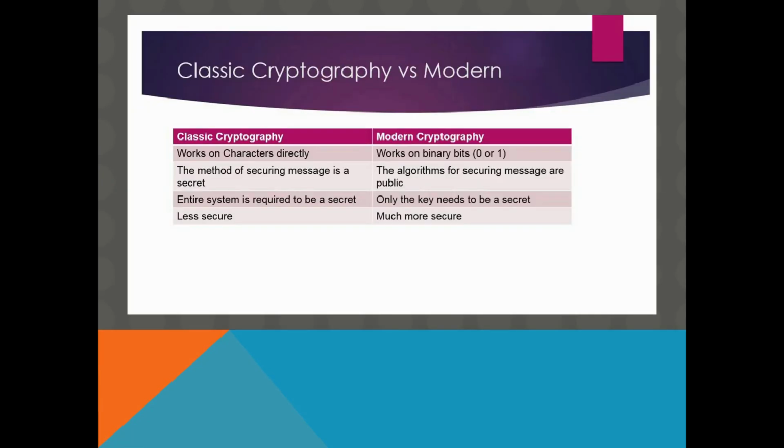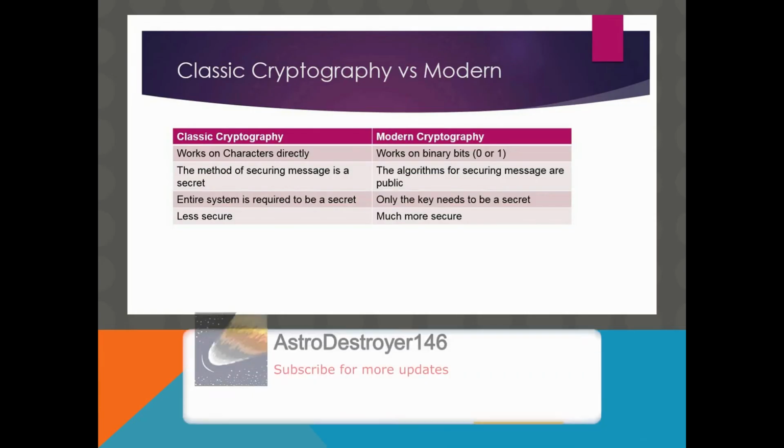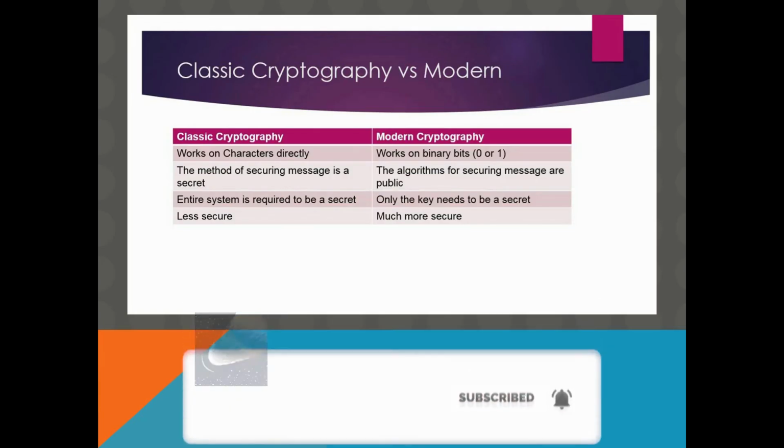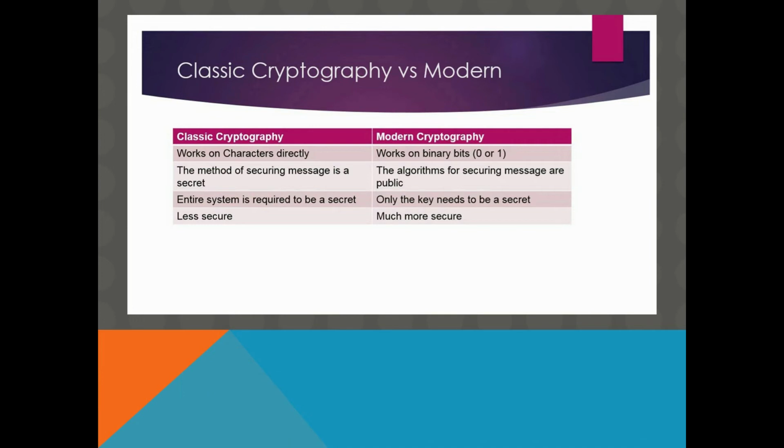So first we'd like to see some of the differences between classical and modern cryptography and why we actually resorted to modern cryptography. The first advantage is that modern cryptography works on binary bits unlike classical cryptography which relies on characters directly. Also, the algorithm used in modern cryptography for securing messages is made public without any risk.